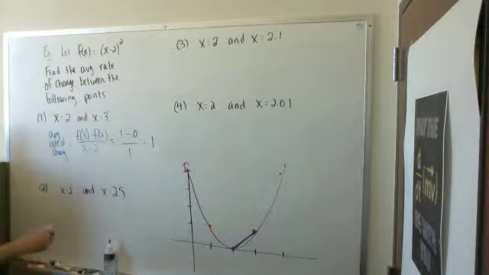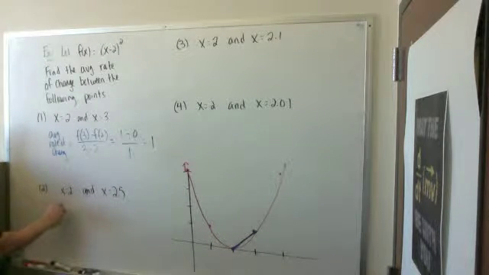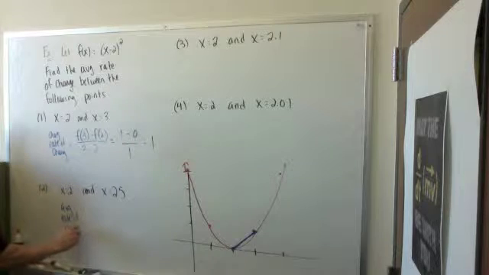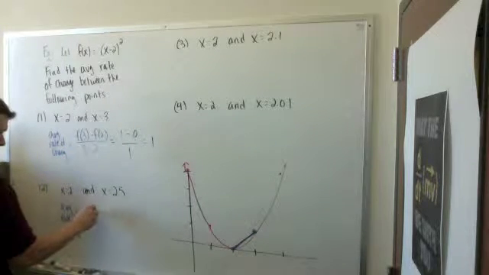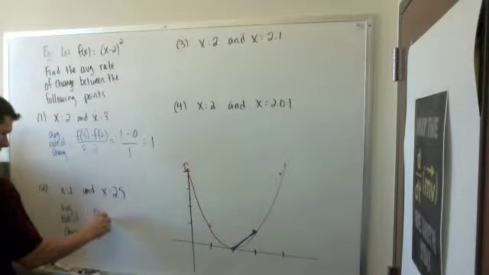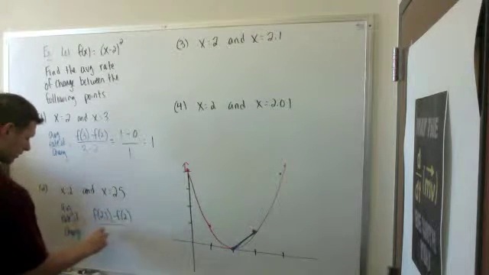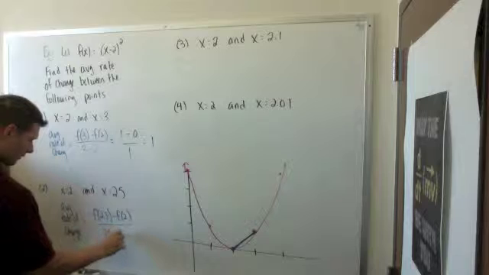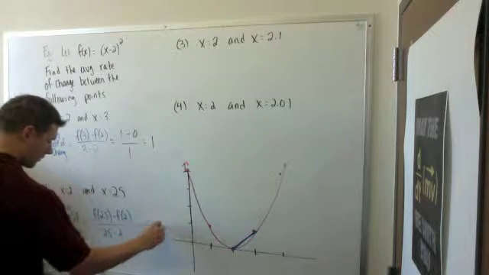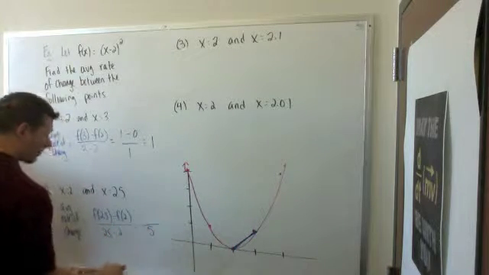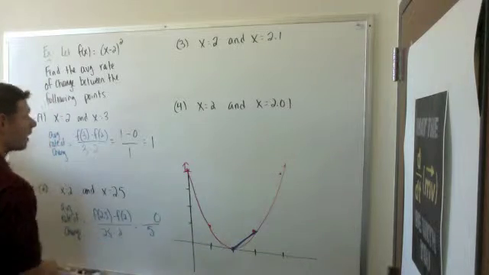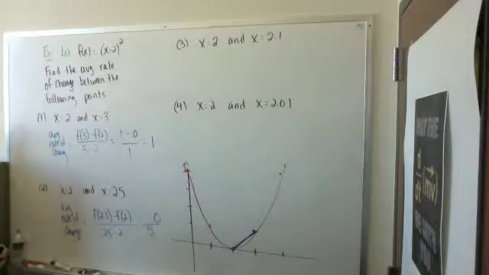All right, let's do it for another problem here, 2 and 2.5. So the average rate of change is equal to f of 2.5 minus f of 2 divided by 2.5 minus 2. So we have 0.5 in the bottom, f of 2 equals 0. And then what we need to do is put in 2.5 for x here.